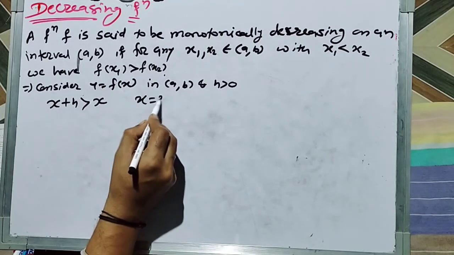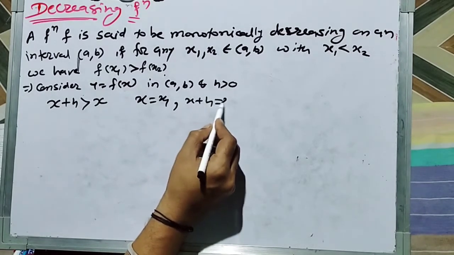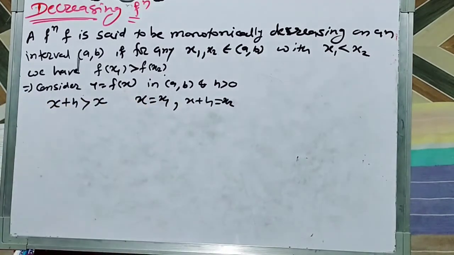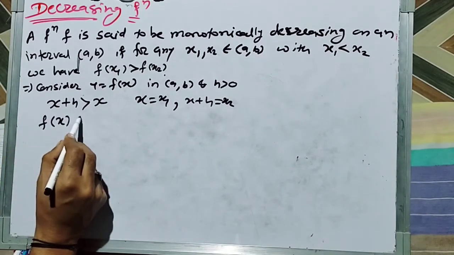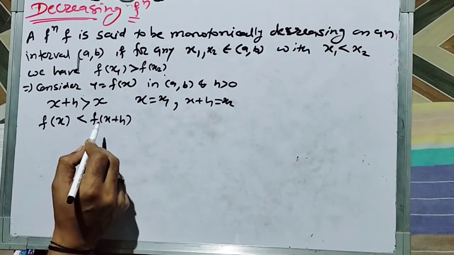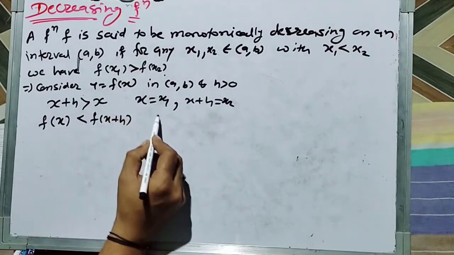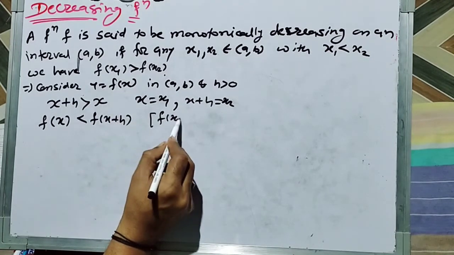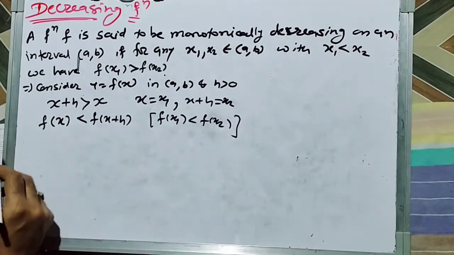So here x is equal to x1 and x plus h equals x2. So therefore f of x is less than f of x plus h. So here f of x1 is less than f of x2.